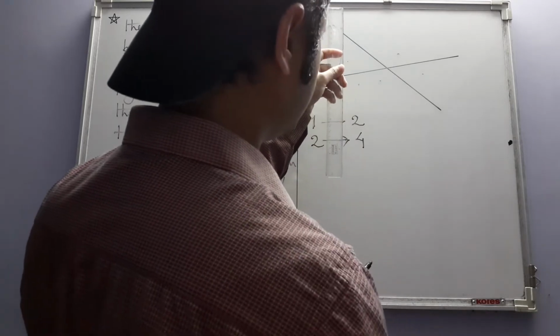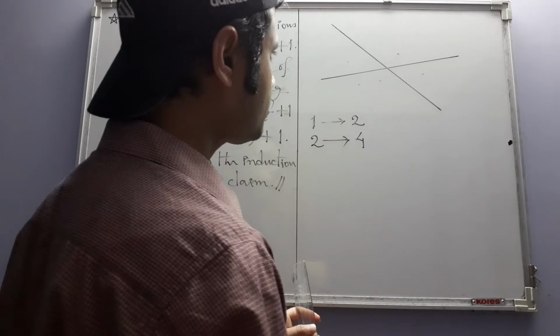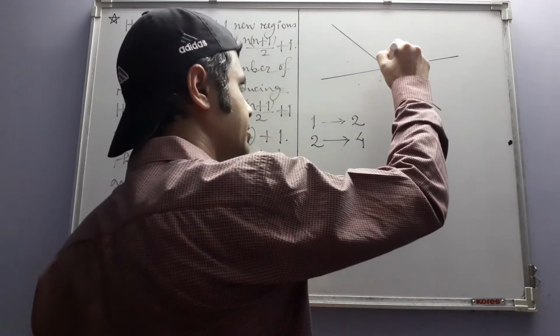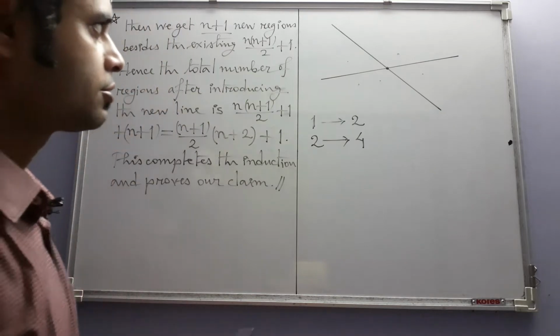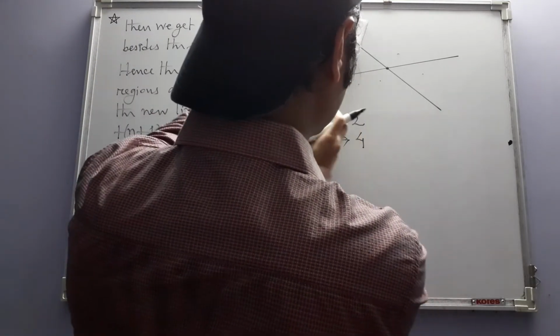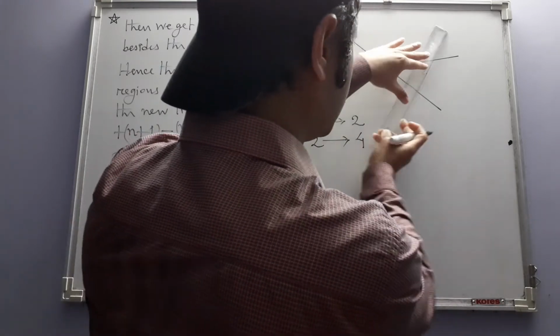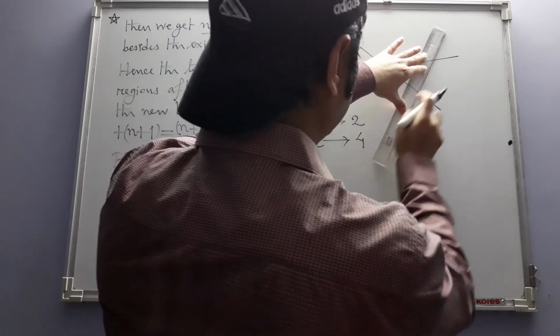That new line will not be parallel to either of these two. However, that new line at the same time will not pass through this point of intersection. So you can draw the new line in this manner, or you can draw it here. It does not actually matter.